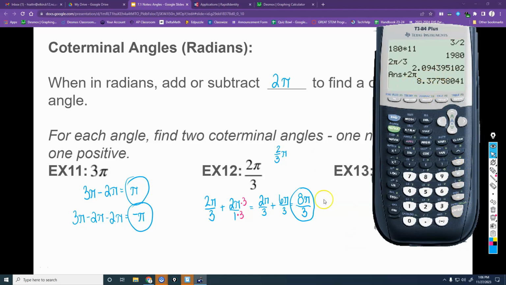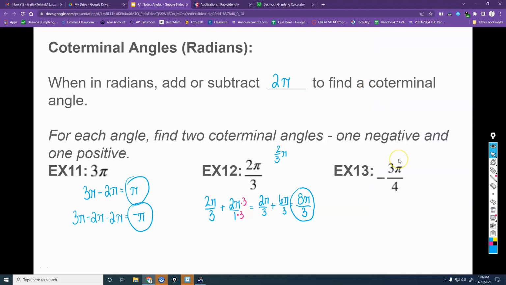So what you can do is check your answer. 2 pi over 3 plus 2 pi gives me 8.377. If I do 8 pi divided by 3, it also gives me that same decimal, so I know I've done it correctly. The calculator won't do it for you, but it will help you check your answer, and Desmos won't do it either. So that's my positive one.